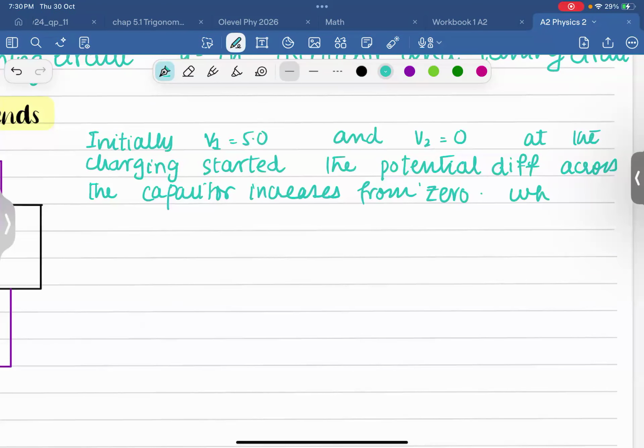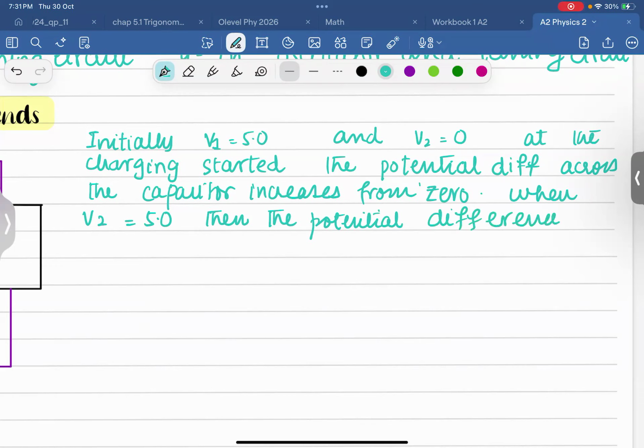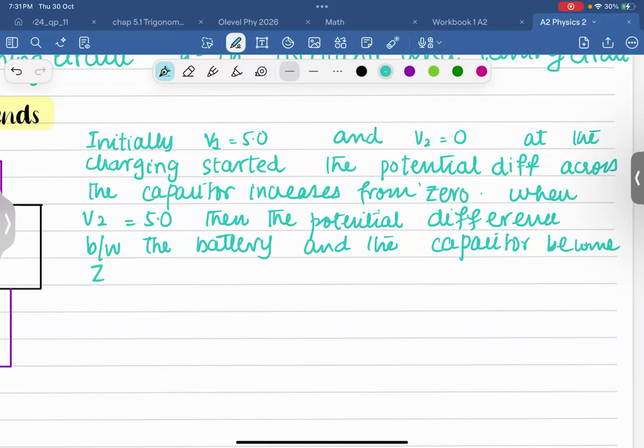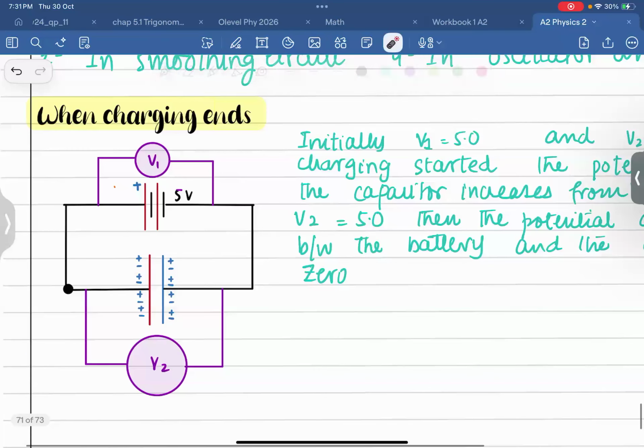Then, when V2 becomes equal to 5 volts, the potential difference between the battery and the capacitor becomes zero, which means over here there's 5 volts, and over here there is also 5 volts, right?